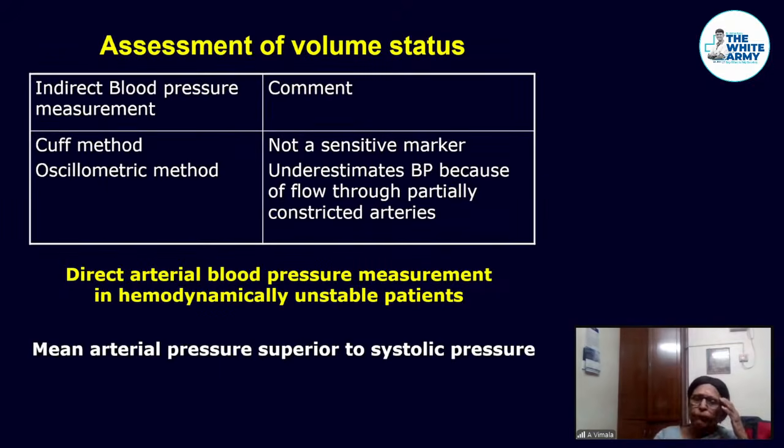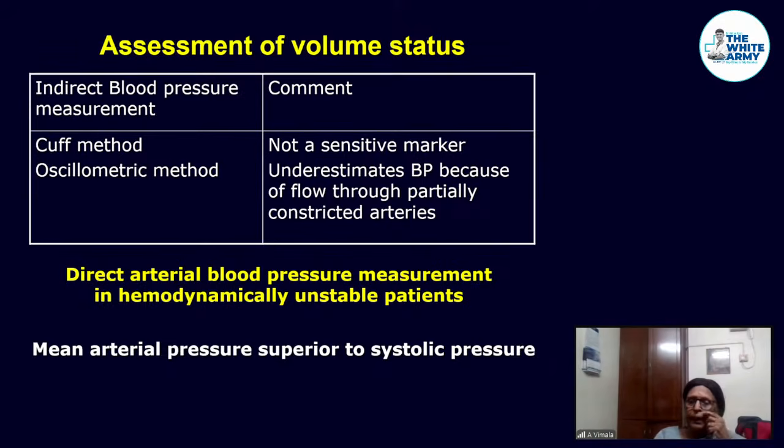Now, how do you assess the fluid volume further? Earlier, we used only blood pressure. We now know it's not a sensitive marker. It underestimates blood pressure because of flow through partially constricted arteries. The gold standard in ICUs in hemodynamically unstable patients is direct arterial blood pressure measurement. And we should always remember, you are not going by the systolic blood pressure.